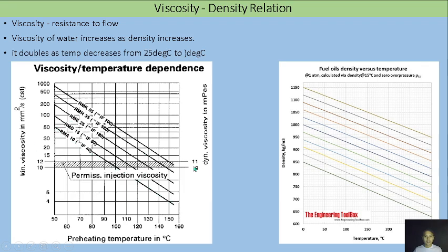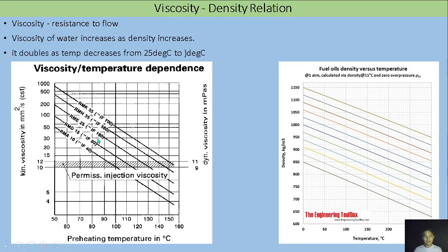Okay, so in this diagram, as you can see, we have here the permissible injection viscosity, which is 10 to 12 centistoke. So this is the permissible injection viscosity for this diagram for a type of engine.